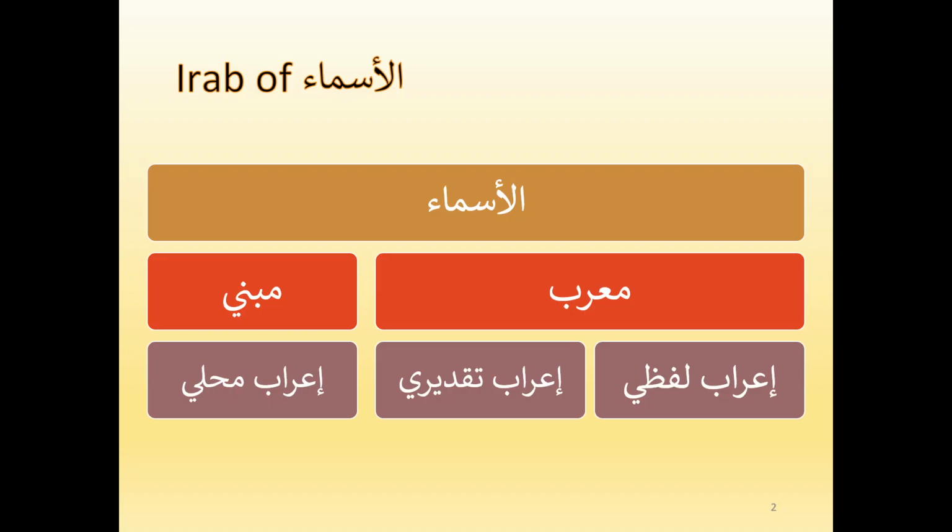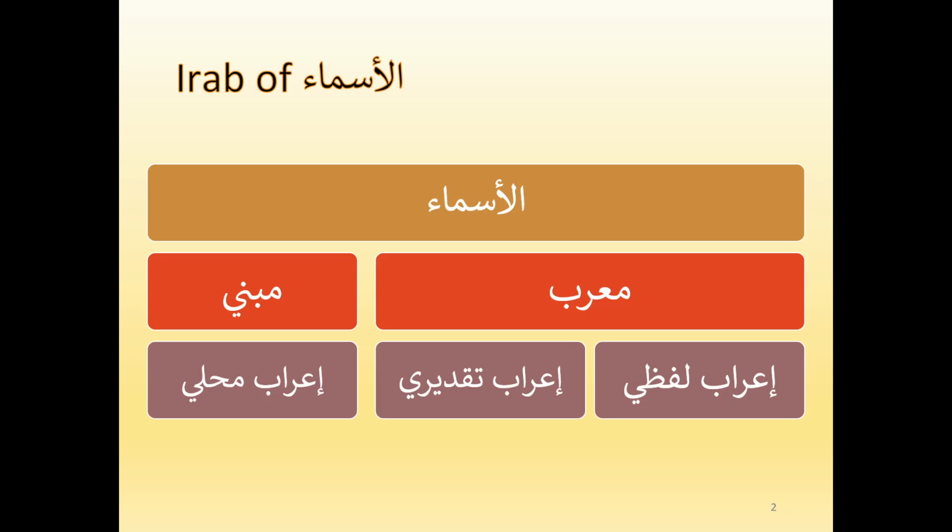We don't say fi mahali nasb, and we don't say fi mahali zarf. There are exceptions, of course, because some grammarians say it is mabni, but we hold the school of the Basriyin, and they say it's mansub, so we follow that, inshallah.